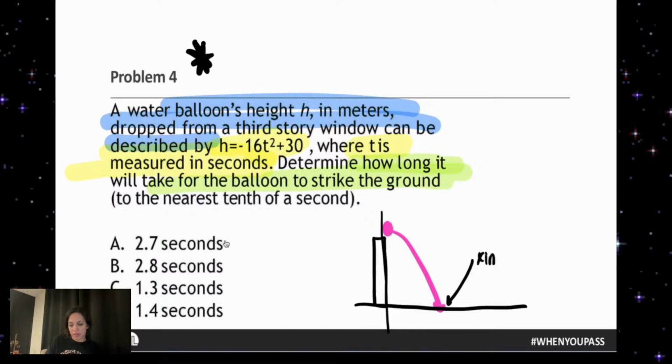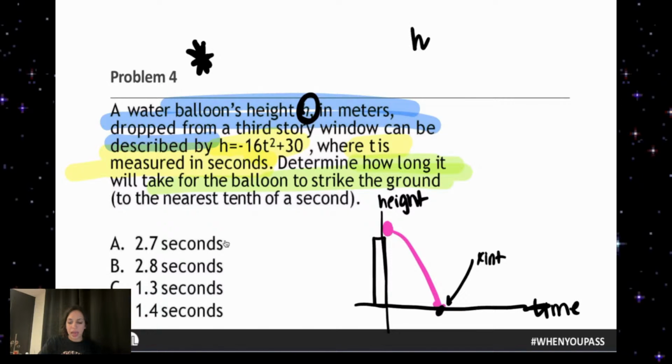My x-intercept. Because the height is how tall the water balloon is in that moment. And then the time is how long it takes. So this is how tall my balloon is. This is how long it takes for it to get to that spot. So I'm looking for how long does it take for the height to be 0, for the balloon to hit the ground.